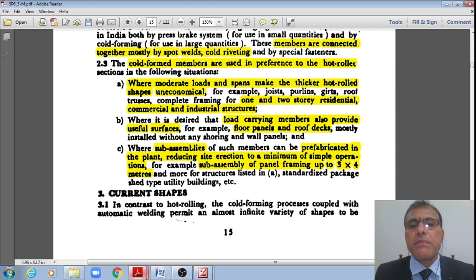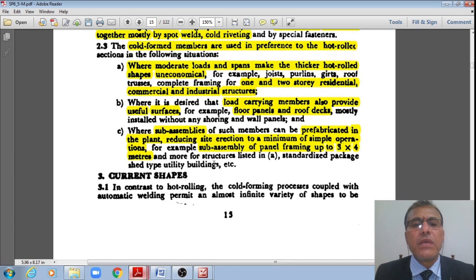For example, subassembly panel framing up to 3 meters by 4 meters and more for structures listed in A, standardized package shed type utility buildings, etc. Therefore, under these situations, these cold formed members or structures are preferred compared to hot rolled steel sections.